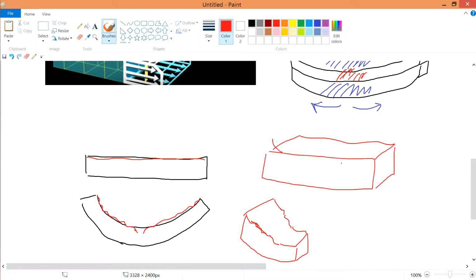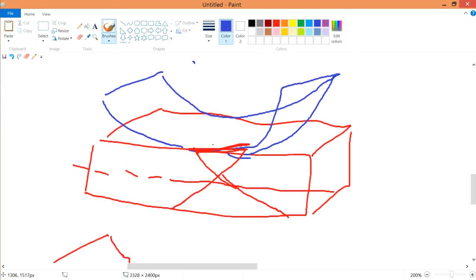Then when you start to bend it, this thing will start to go in this manner, the arrow over here, and this part will start to stretch. So far so good.